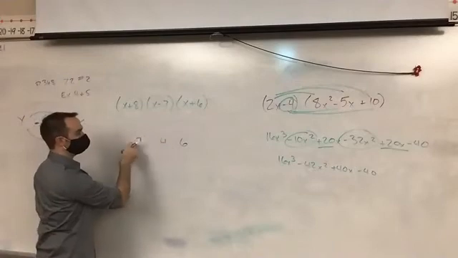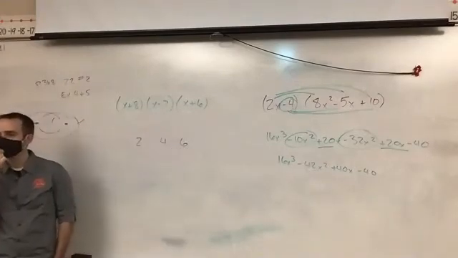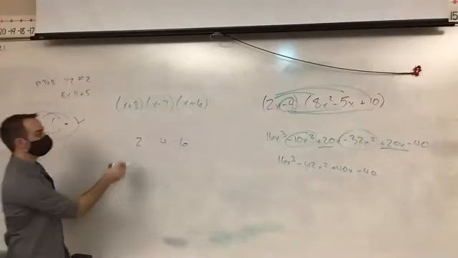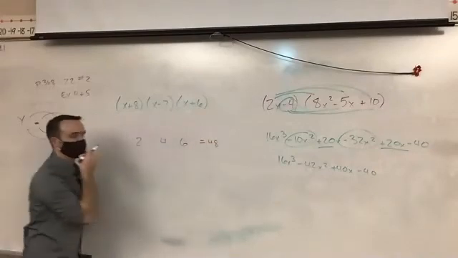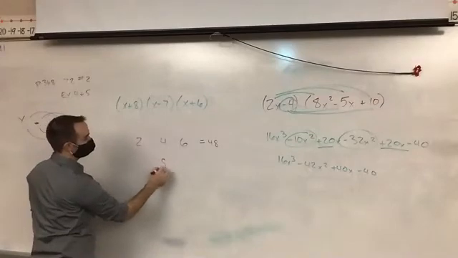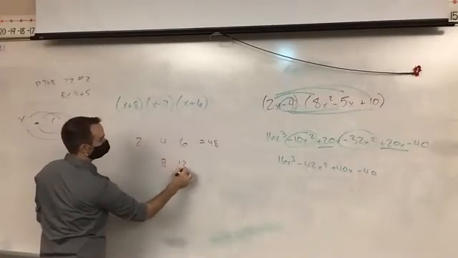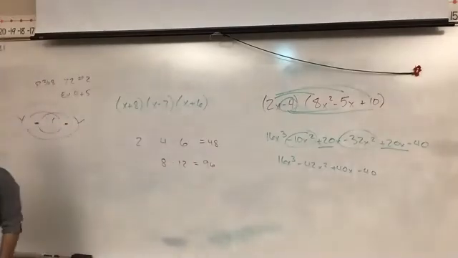If you multiply to both of these, is that going to give you the same answer? Right now, 2 times 4 is 8, 8 times 6 is 48. If I multiply this times this, and this times this, does that give me the same thing?